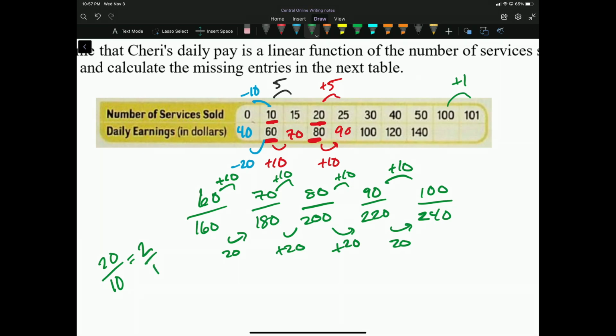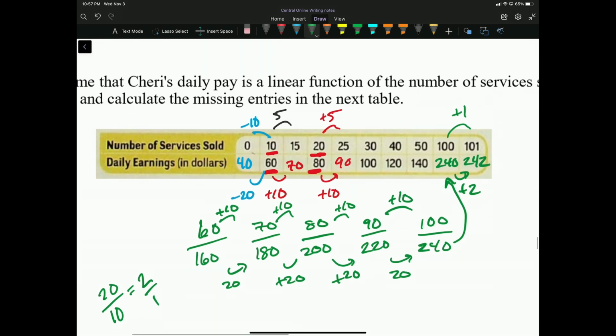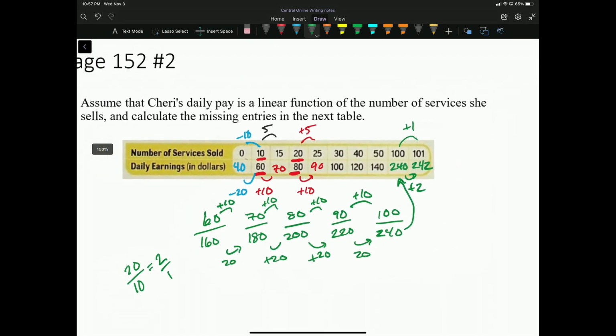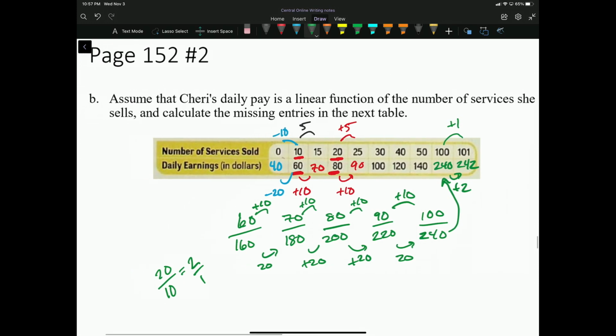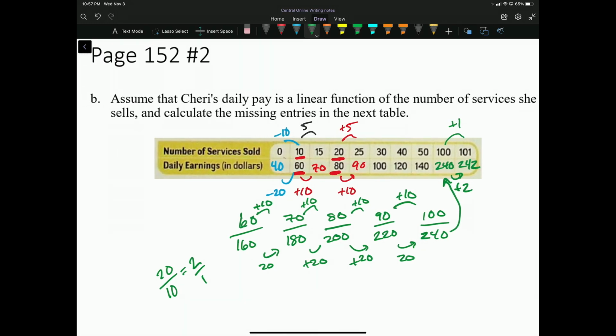So for every 1 I increase on top, I'm going to increase, I forgot to write this number down, right? That was our answer for here. So if I increase by 1 here, I need to increase by 2 here on the bottom. So it'd be 242. Okay. Going to pause here and let you get caught up. All right.